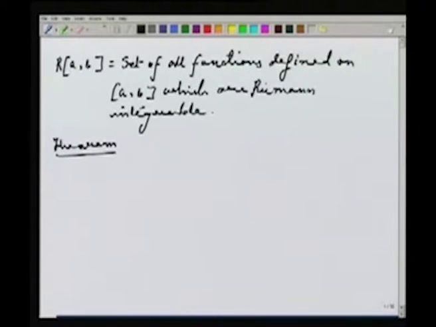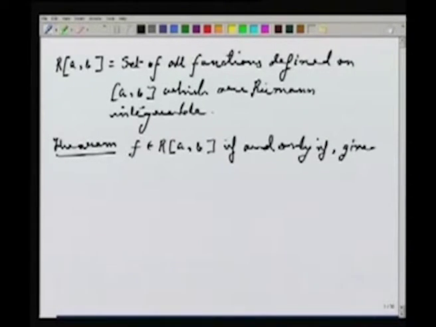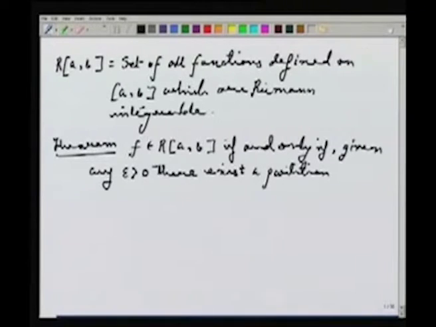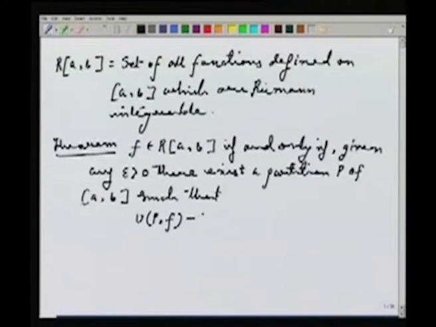So the theorem is this: a function f belongs to R[a,b] if and only if, given any epsilon bigger than 0, there exists a partition P of [a,b] such that U(P,f) minus L(P,f) is less than epsilon.